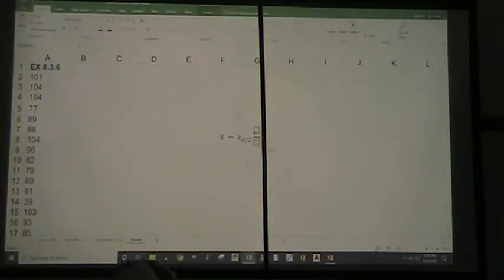Up here we want sample standard deviation. Down here we want square root of n.